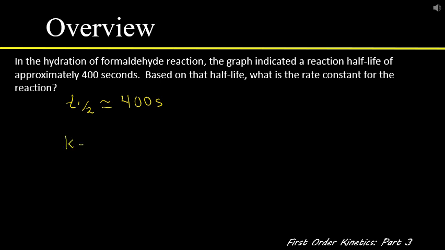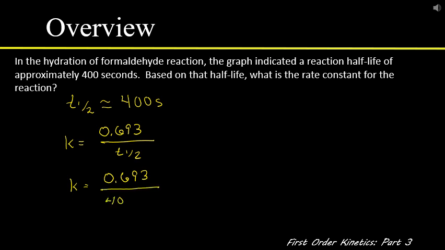So the rate constant is going to be 0.693 divided by half-life, that's 0.693 divided by 400 seconds. Notice that seconds is in the denominator, so when we calculate this number, we're going to get units of reciprocal seconds.